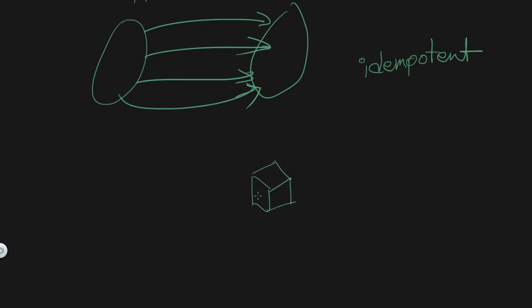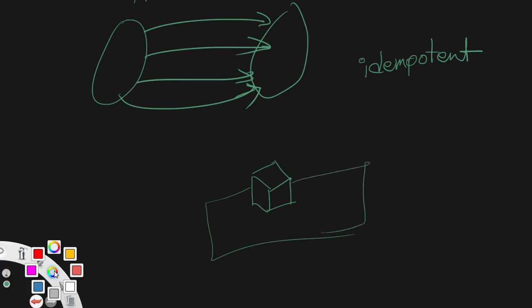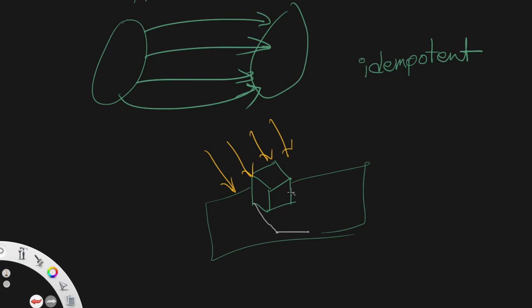So this is a three-dimensional object, this is a piece of paper, and let's say we have light coming from that direction. So we are going to get a shadow of this, right? So this is a projection. The projection of this 3D box on this 2D paper is this two-dimensional shadow, right?